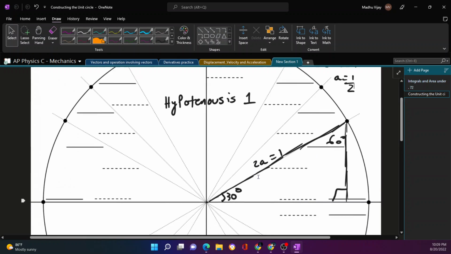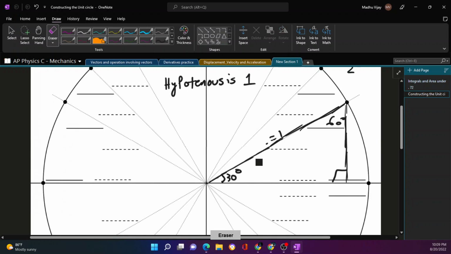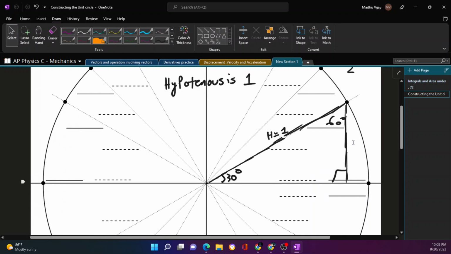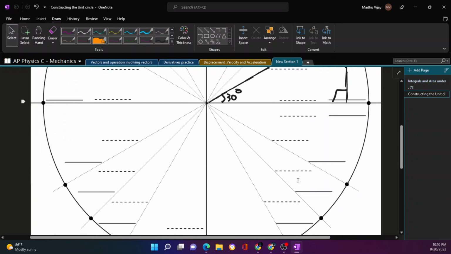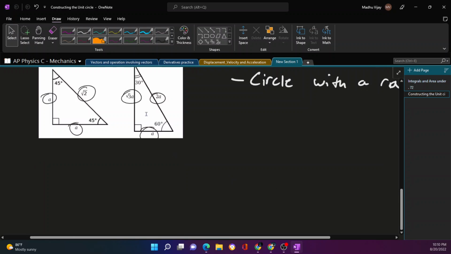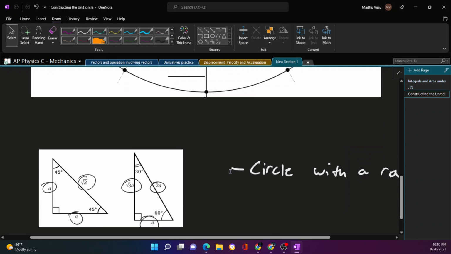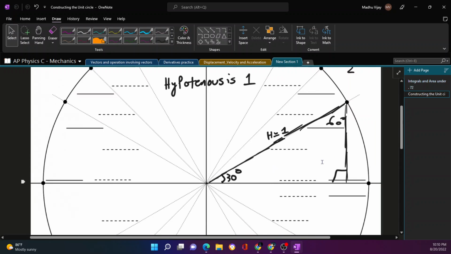Given the value for a, we know that the hypotenuse is equal to 1, so h is equal to 1. Now let's find the measures for the other two sides. The longer side is square root of 3 times a, and the other side is just a. Let's start with the shorter side.